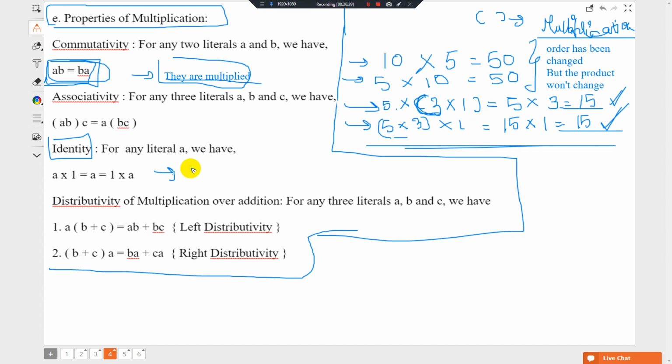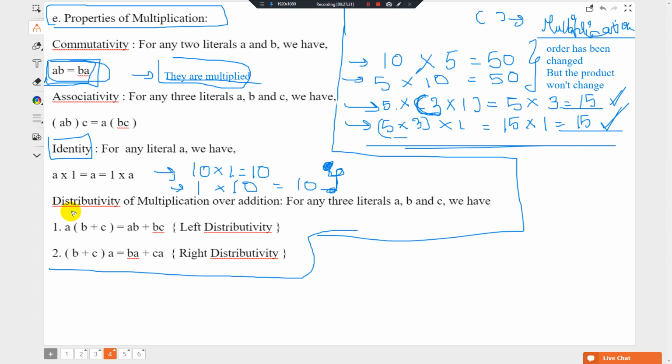Think of a number 10. 10 into 1 gives 10, and 1 into 10 gives 10. The particular number doesn't change. For identity, the product never changes, and for the commutative and associative properties also, the product won't change.